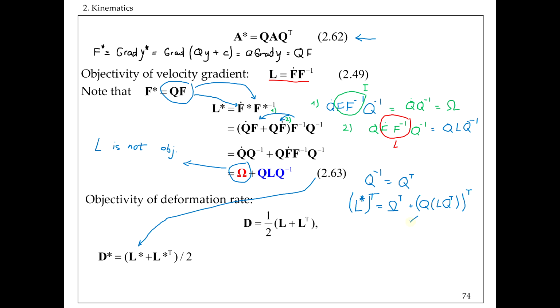I can write that as L Q transpose, and I still need to transpose this tensor that was obtained as a multiplication, multiplied by Q transpose. When I transpose that, I will have Q transpose transpose, which is Q, multiplied by L transpose, and then I multiply that by Q transpose.